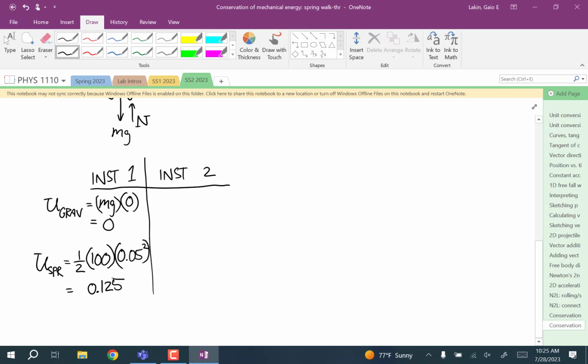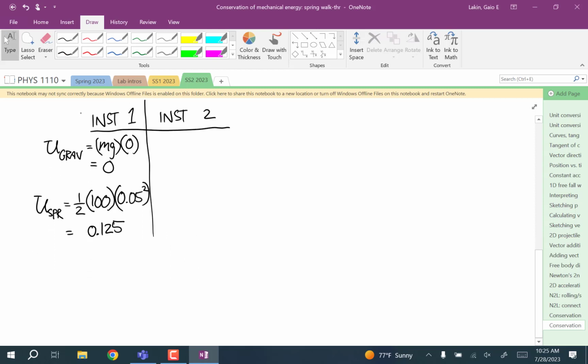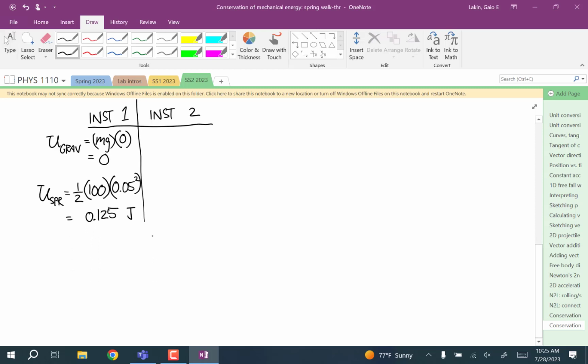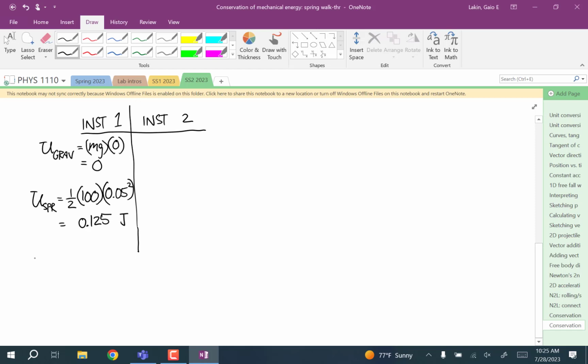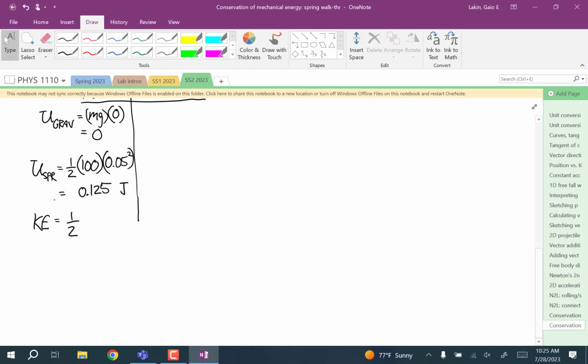And this is a kind of energy. We're in SI units, so the units are joules. I guess I'll put that in here. And last, we have to come up with the kinetic energy at instant 1. Well, at instant 1, we're releasing this thing from rest. So we have 1/2 times the mass of 0.2 kilograms times the speed squared. The speed is 0 because it's at rest. And so the kinetic energy is 0 at instant 1.